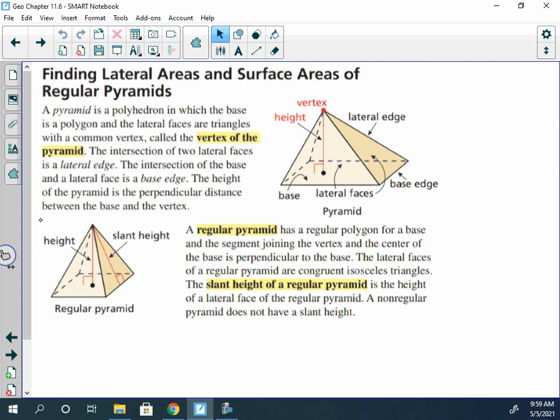We also have lateral faces, which are the sides, and we also have something called a slant height. A slant height is along those faces: if you go straight up the side of the pyramid and make a line from the vertex to the base edge, and it makes a right angle, that is the slant height. Because it's the height, but it is slanted, we call it the slant height, which is the height for each one of those sides. So we have it right here.